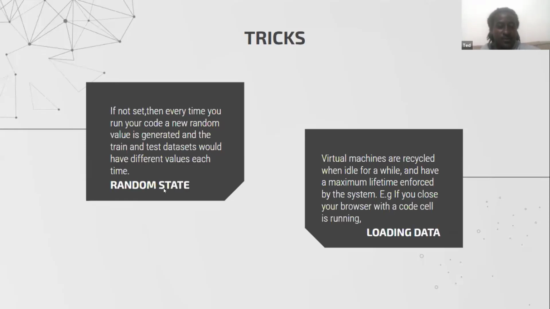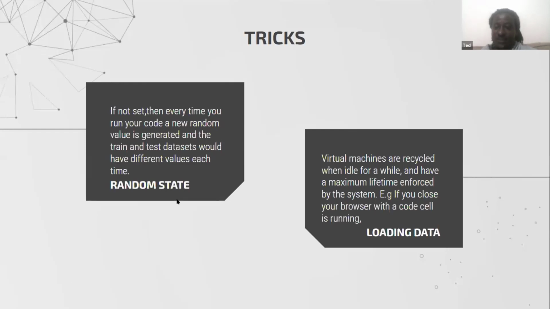Now, the trick for random states is most people set a random state for the models, but then they've used different functions in their notebook, and the random state is usually set automatically for most functions. Like it could be 0 for something where you used a very specific way to import your data, and you didn't see this. But then when you came to your model, you set the random state as 42, which is commonly used.